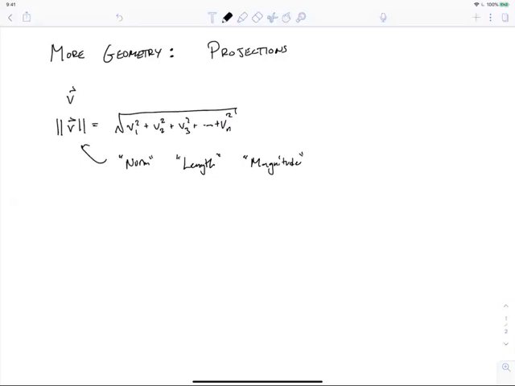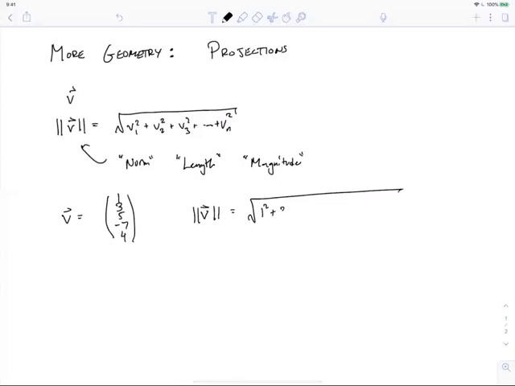So for example, let's take v to be this vector, 1, 3, 5, minus 7, and 4. We can compute the norm of v by just taking the square root of 1 squared plus 3 squared plus 5 squared plus negative 7 squared plus 4 squared.